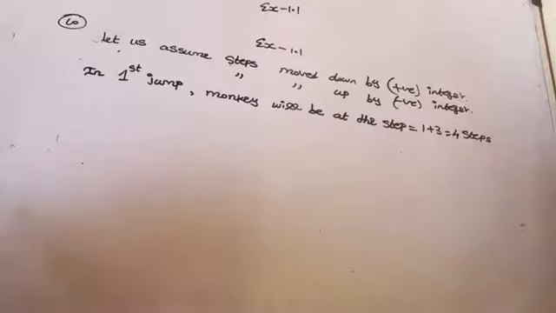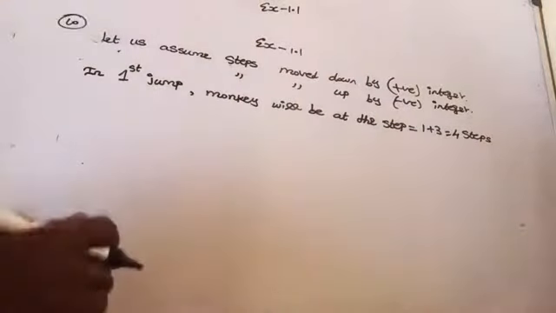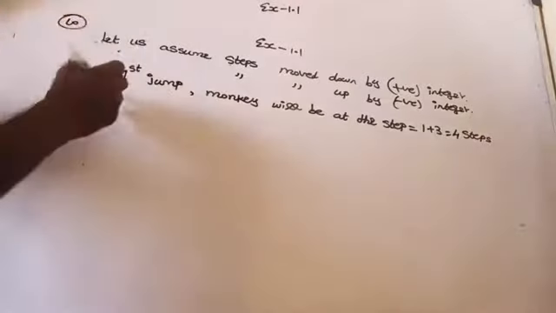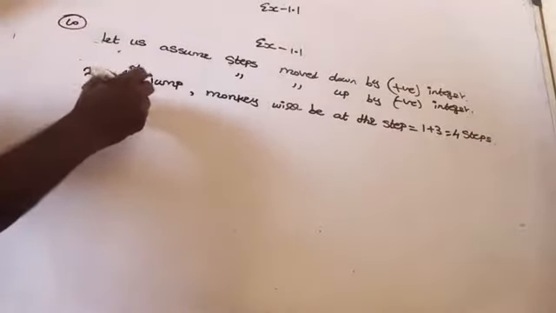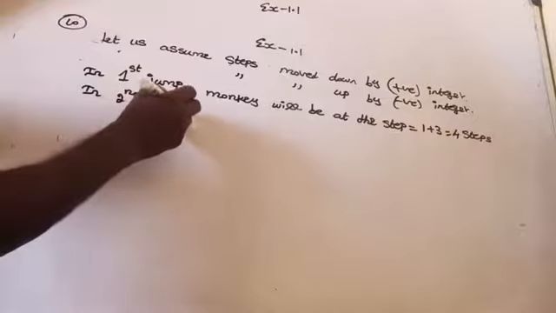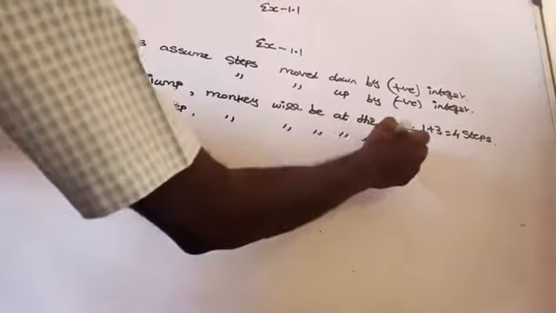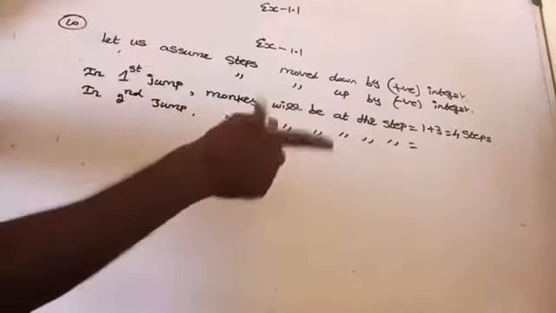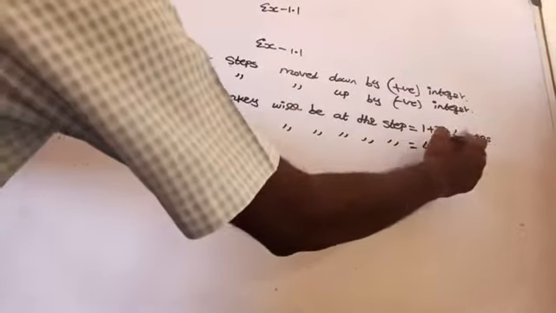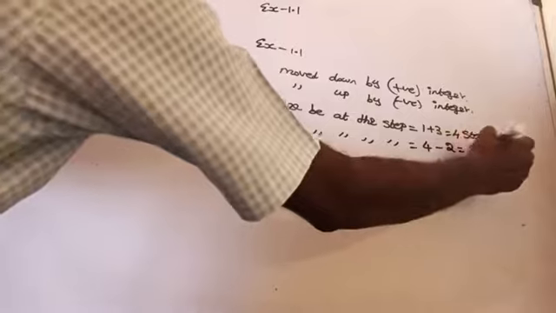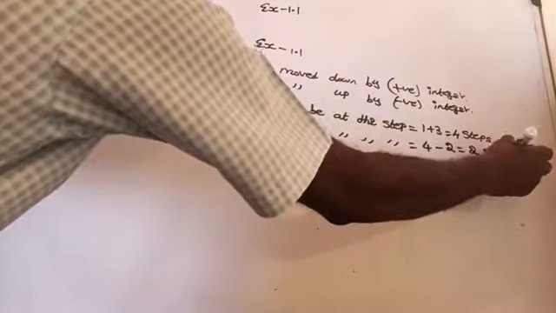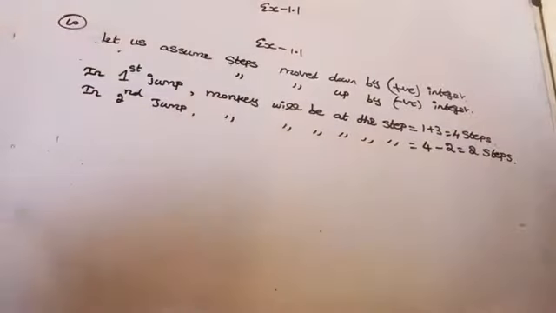Are you getting it? Yes. Then again it goes up by how many steps? 2 steps. So in the second jump, the monkey is at the 4th step, and it goes 2 steps back, so now the monkey will be at the 2nd step.